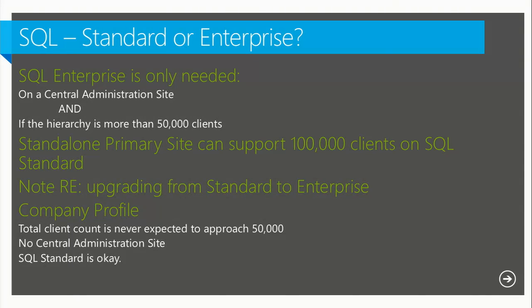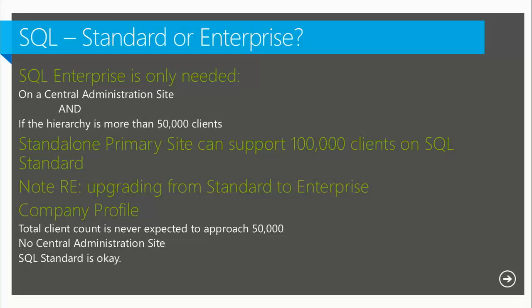One note: if you install SQL Standard first, and you install Config Manager on top of that using the database, at install time, when it creates the database, it is partitioned as SQL Standard. That partition limits it to 50,000. Can you later upgrade SQL Standard to SQL Enterprise?